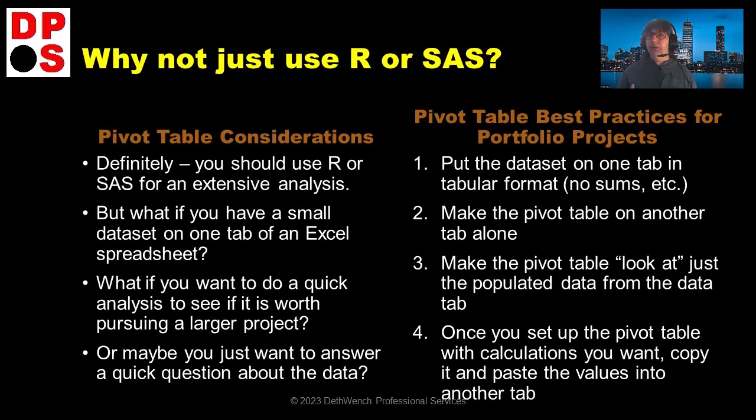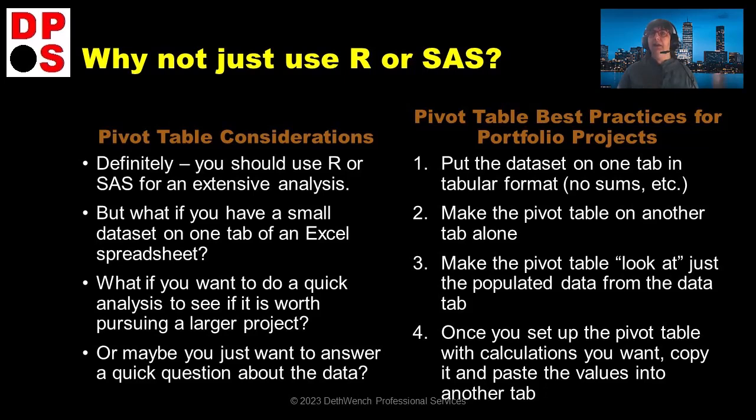Step one, you get your data set and you put it on one tab in tabular format. So you make it basically like a data set you could read into R or SAS. And you put it on one tab and nothing else goes on the tab. Then step two is you make a pivot table on another tab, and that's the only thing on that tab, okay? Then you make the pivot table look at just the populated data from the first tab. And again, I'll show you how to do this.